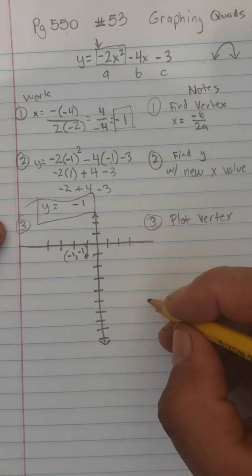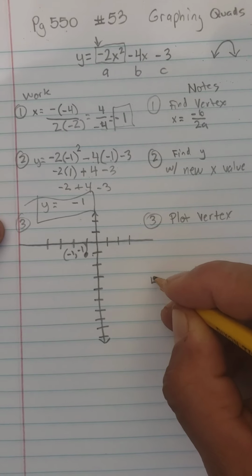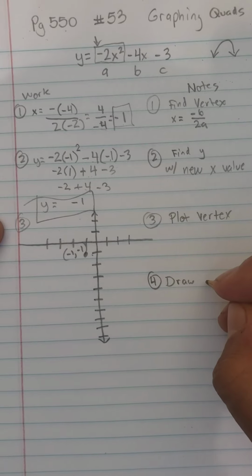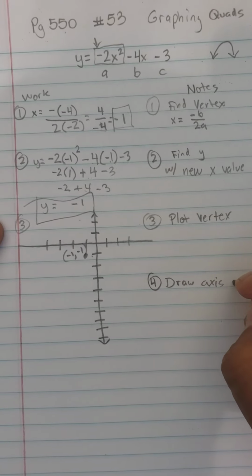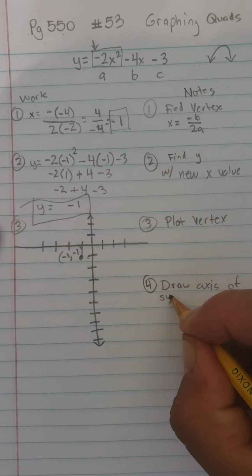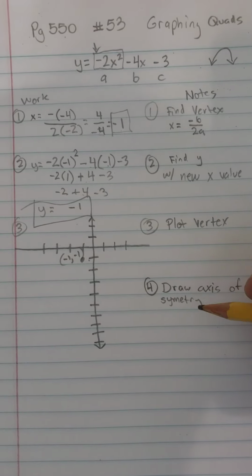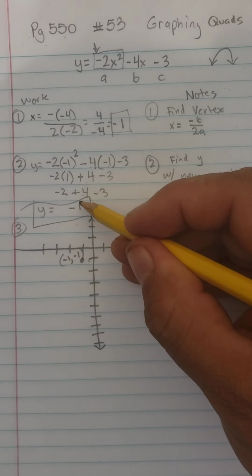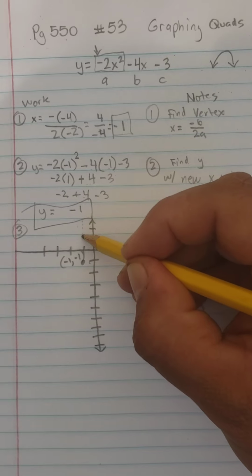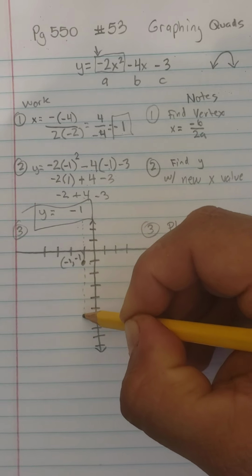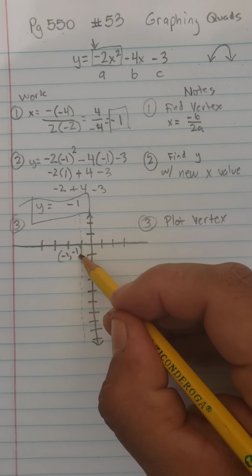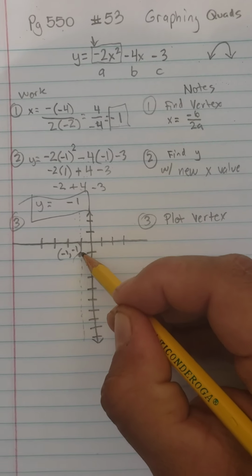The next step is to draw the axis of symmetry. And that would be a straight line going up and down where the vertex intercepts. All right. That means our parabola is going to look something like that.